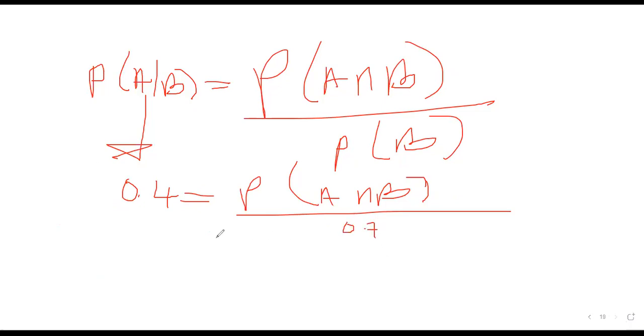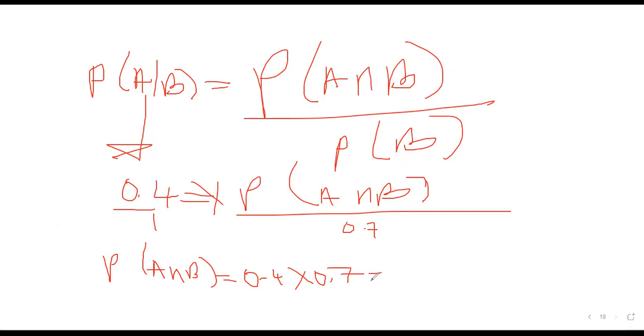So as we cross multiply, you can find probability of A intersection B is equal to 0.4 multiplied by 0.7. So the answer is 0.28. That is the intersection now.